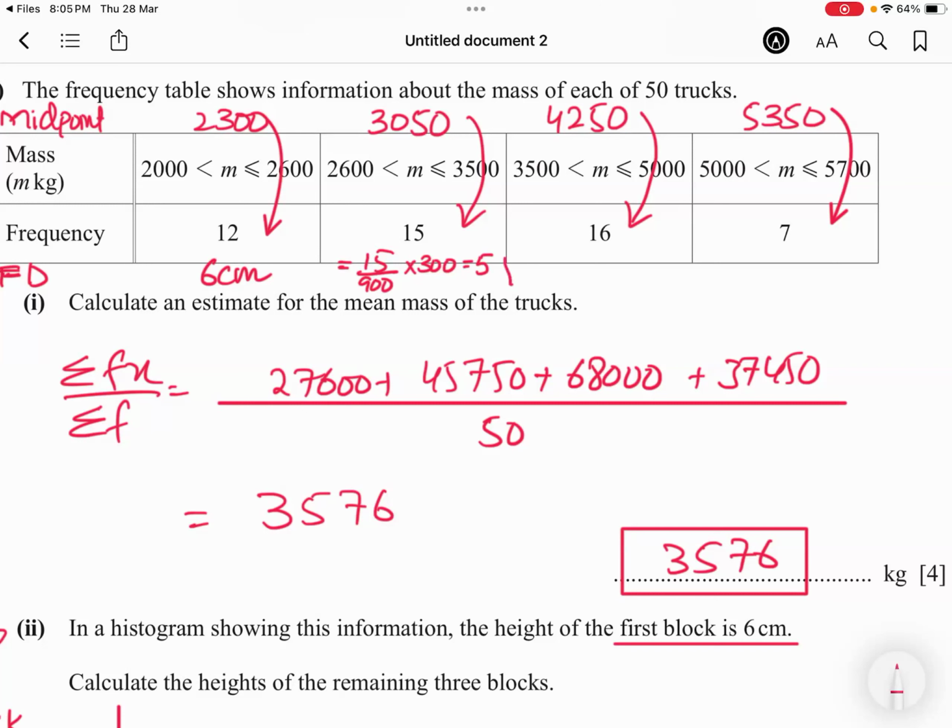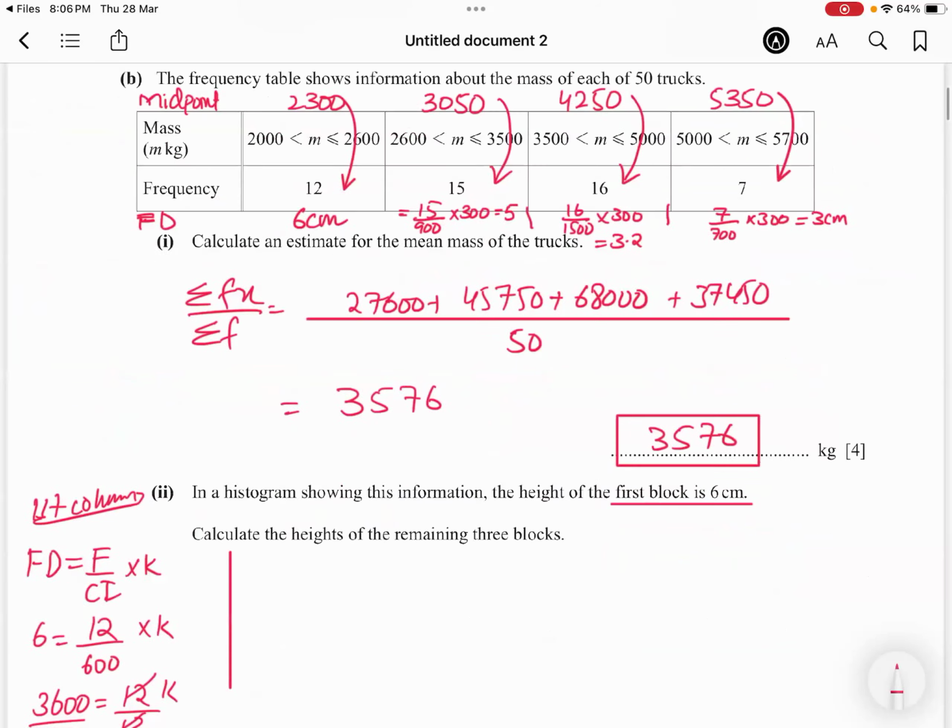Frequency density for the third is frequency divided by class interval, 5000 minus 3500 is 1500, multiplied by K. So the answer is 3.2. The last one, frequency divided by class interval 700 multiplied by 300. So what is the answer? 3. That is 3 centimeter.